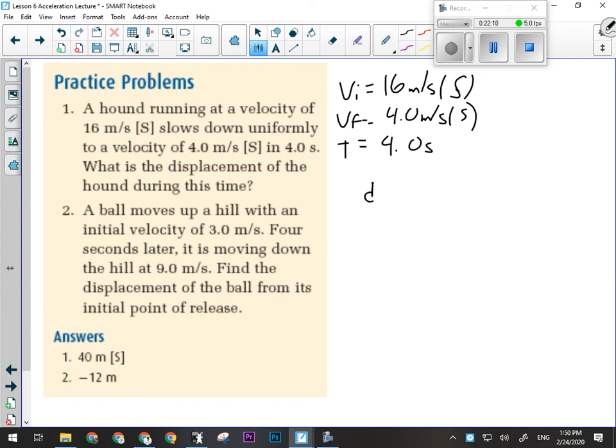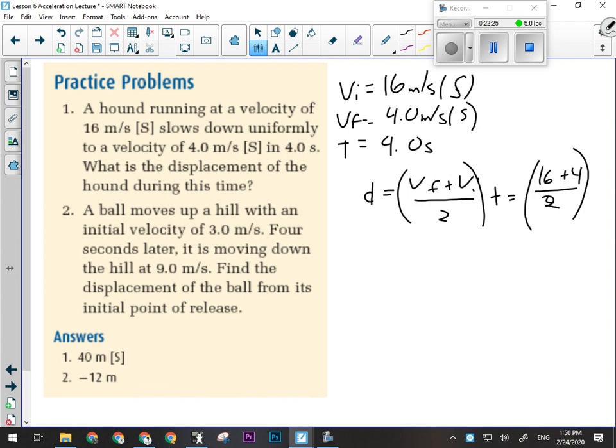What's the displacement during this time? That doesn't require any manipulation. It's just VF plus VI over 2 times T. So that's going to be 16 plus 4 over 2, and then multiplied by 4. 16 plus 4 is 20, over 2 is 10, times 4 is 40. So we got 40 meters south.